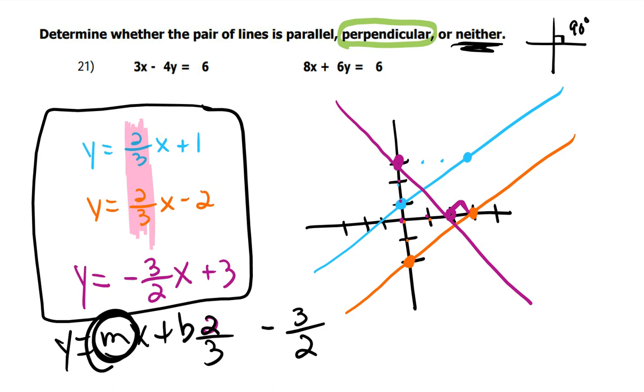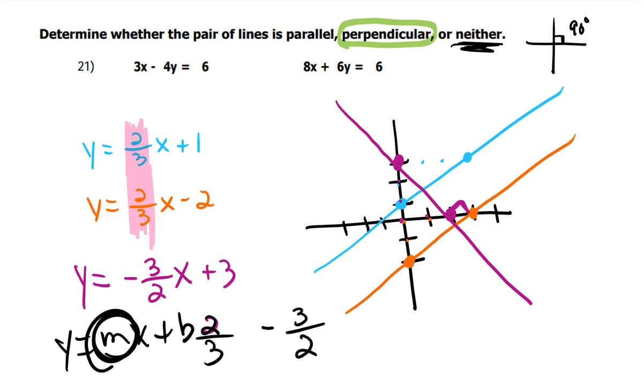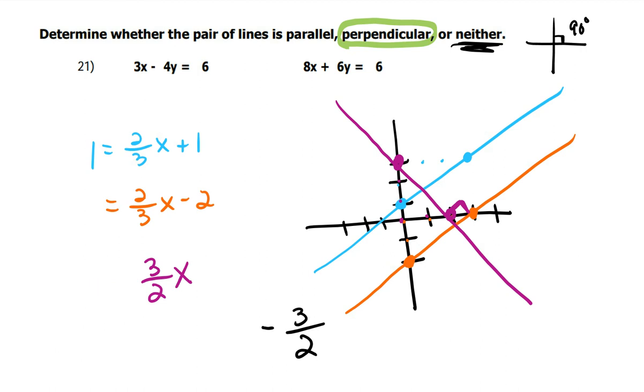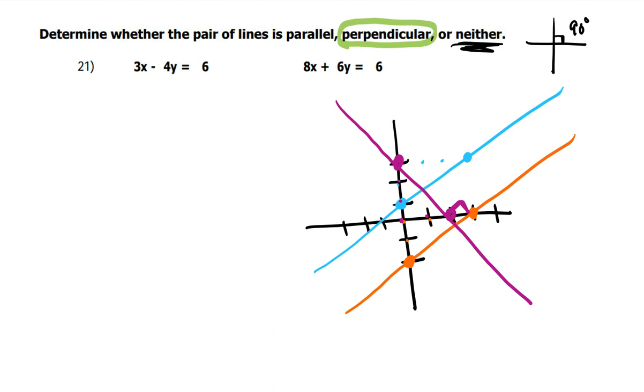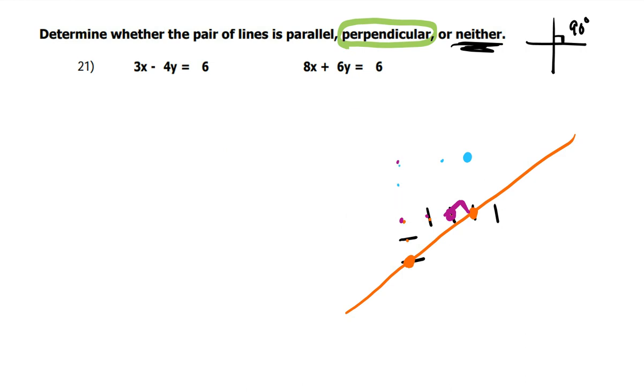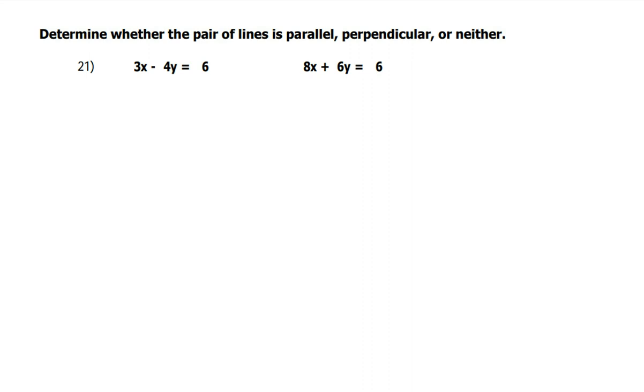You got something x and a something y equals a something, and solve them for y. All right, so I'm going to have to erase all this lovely work that I put on here a few minutes ago and clear the screen to make room for the work I'm about to do. So take the two equations that they gave you, solve them for y. You're putting them in the y equals mx plus b form so that you can see what their slopes are.